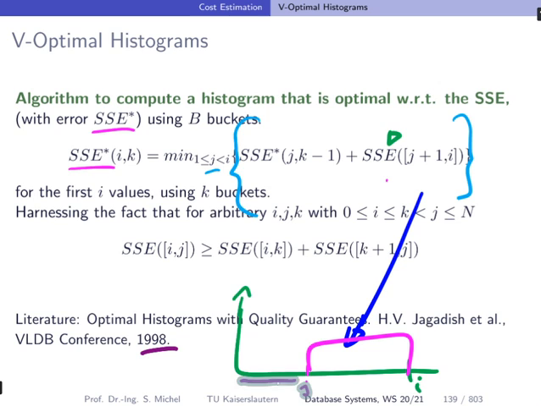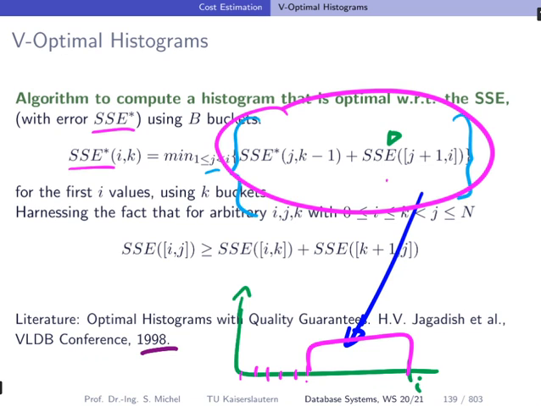And we do this for all possible J's. For each of these J's, we get one value according to this part of the equation. And then the minimum value will be taken as the sum squared error star, the smallest sum squared error for the first I values using K buckets.